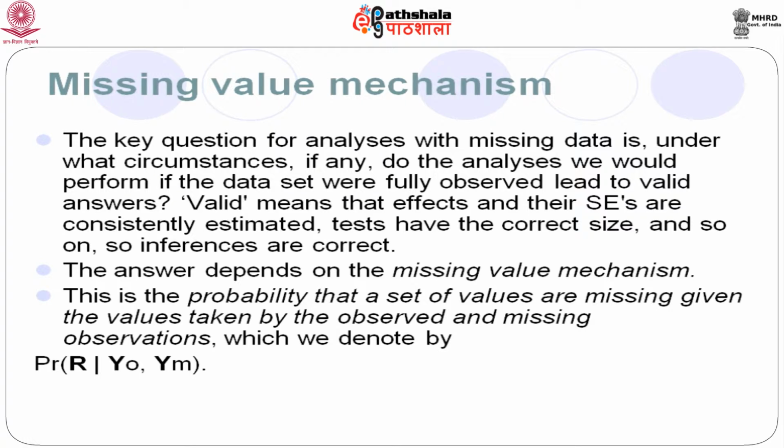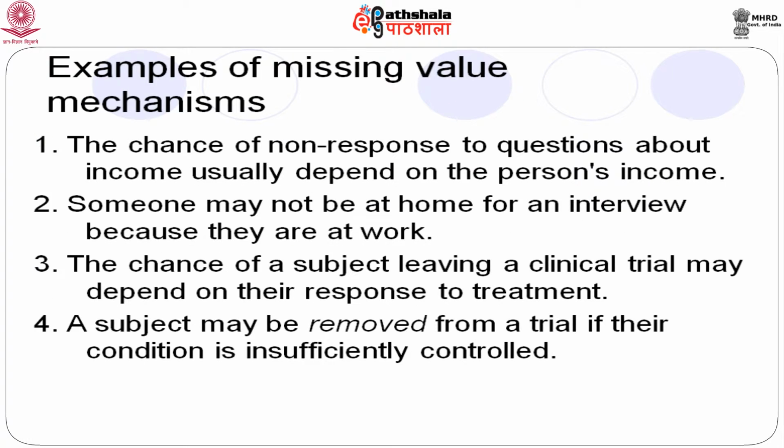This depends on the missing value mechanism, that is, the probability that a set of values are missing given the observed and the missing values. We use the notation probability R given y naught and y m.